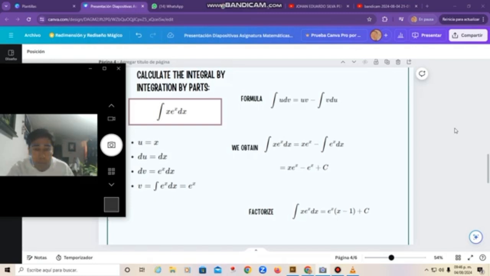So the second part, we obtain x e to the power x minus e to the power x plus C. We can factorize this, and finally obtain the integral of x e to the power x dx equal to e to the power x (x minus 1) plus C, and that's it.